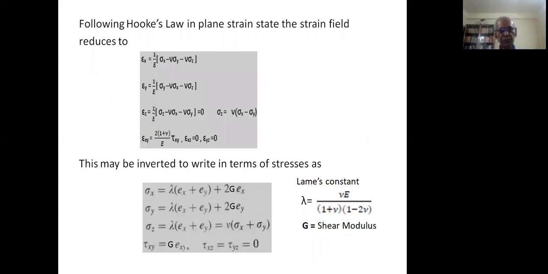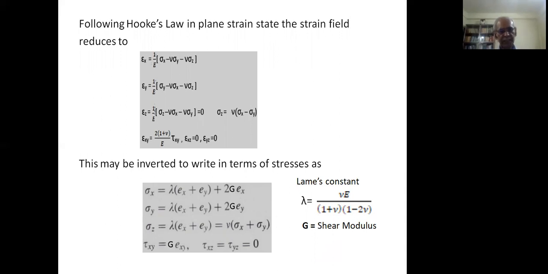So let's first look at Hooke's law. In Hooke's law, we have epsilon x equal to 1 by E times (sigma x minus mu sigma y minus mu sigma z). Again, please remember that epsilon z equal to 0 does not mean that sigma z is 0.